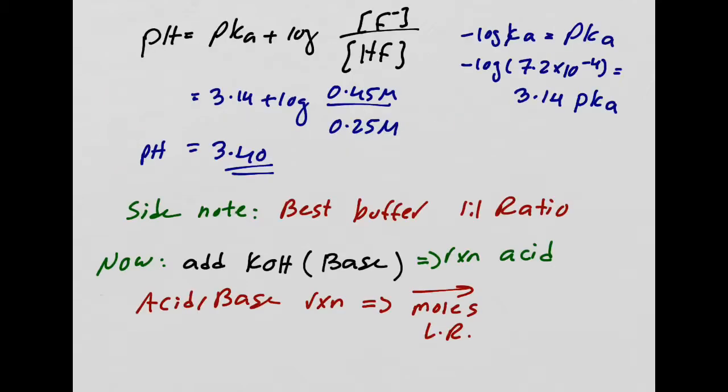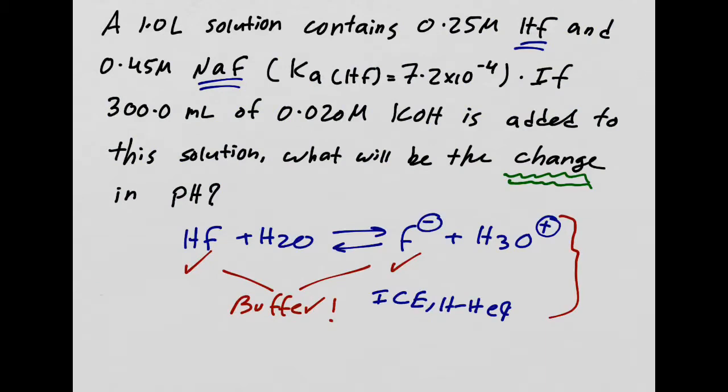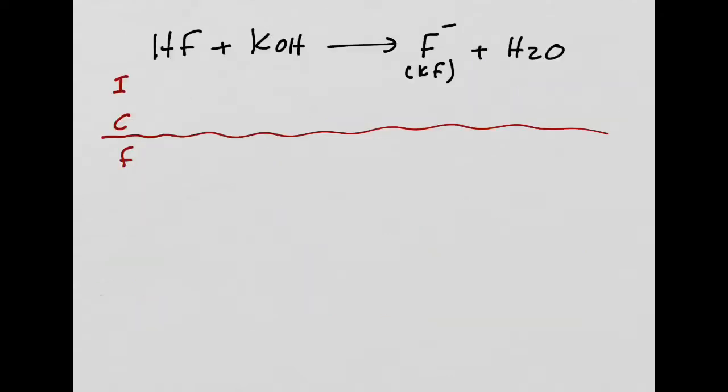Because it's a 1 liter solution, the molarity will be the same as moles. So I have 0.25 moles of fluoride ion in this solution.